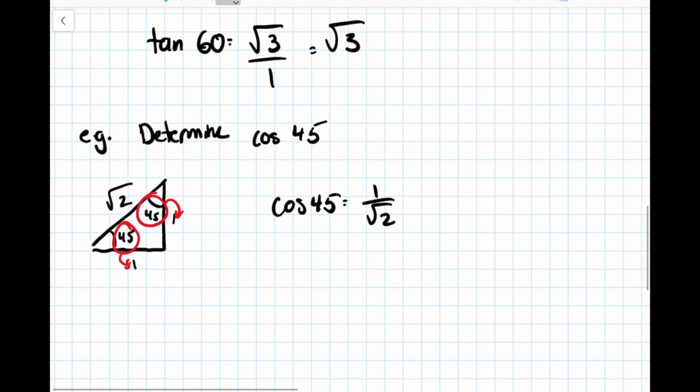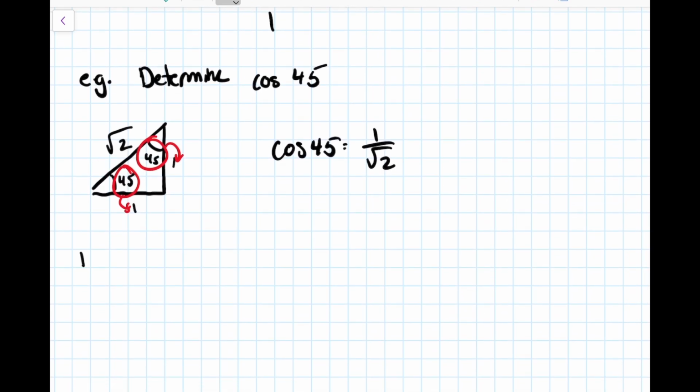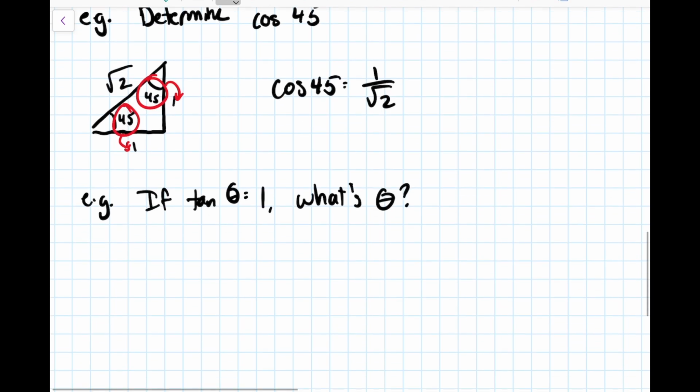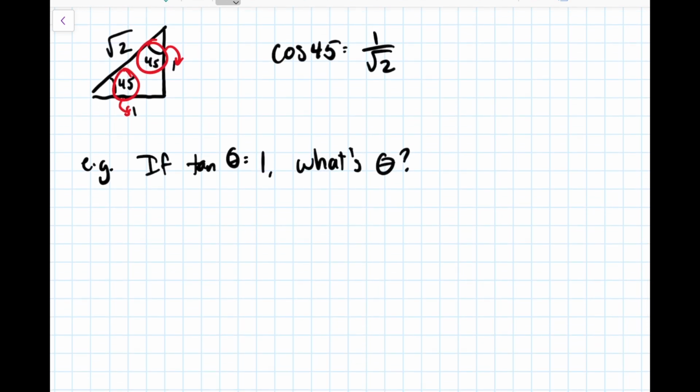So, for example, if we were going a different direction now, let's say I told you that tangent theta is 1. So then what's theta? Well, tangent, remember, is opposite over adjacent.